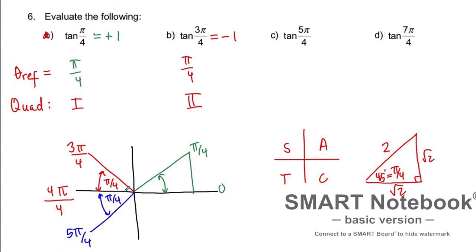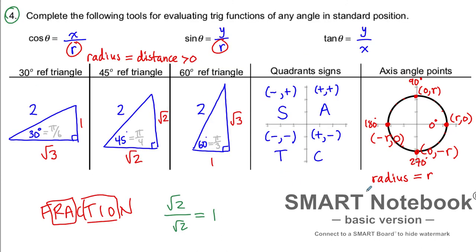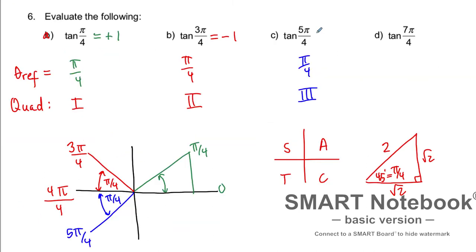And so we're really going to work out the tangent of pi by 4, the reference angle, and we are going to adjust the sign to plus or minus depending on quadrant 3. Well, the reason why tangent is positive in quadrant 3 is because in quadrant 3, both y and x are negative, and negative divided by negative gives us a positive for tangent. Furthermore, we have root 2 divided by root 2, and we get an answer here of positive 1.